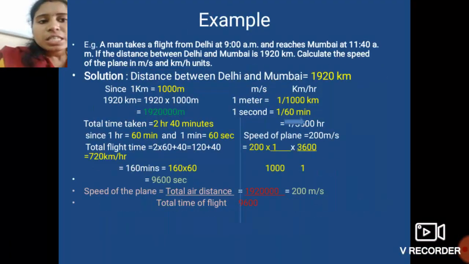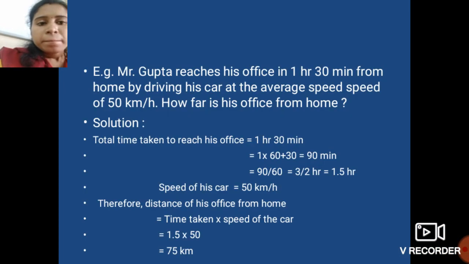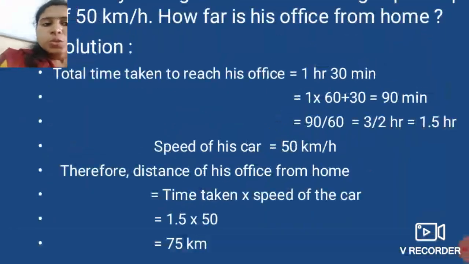So distance is calculated by time into speed. Time taken is 1.5 hours, and what is the speed? 50. So 1.5 into 50 is equal to 75, which is in kilometers.